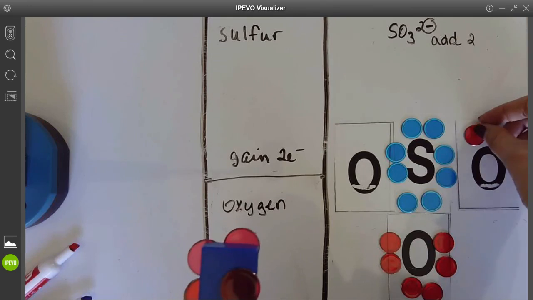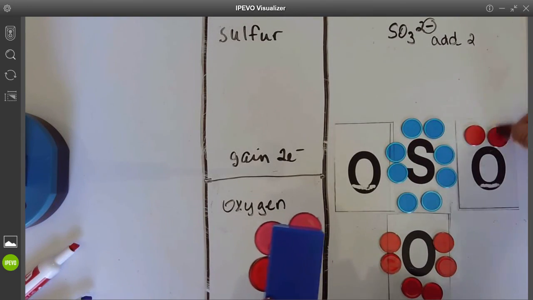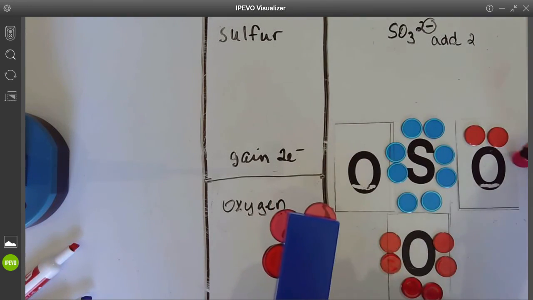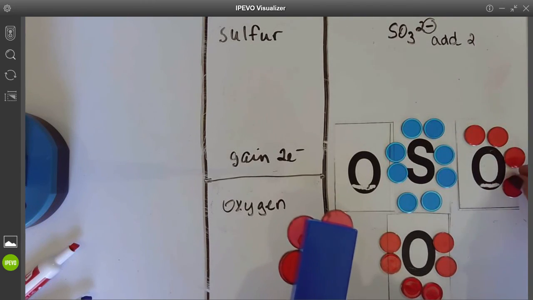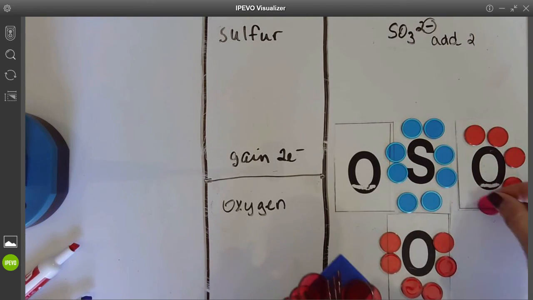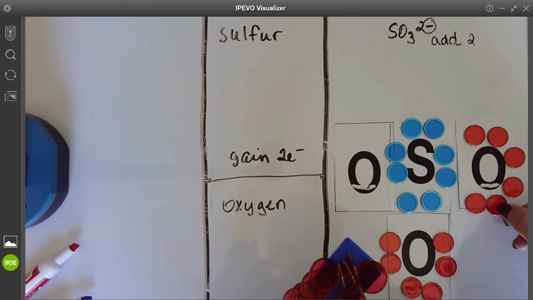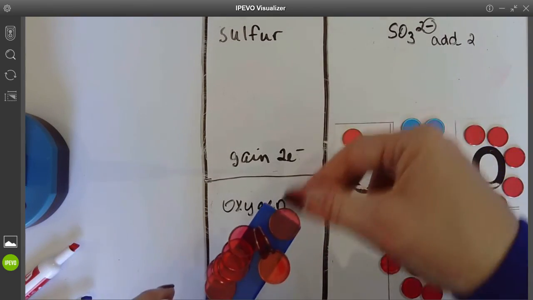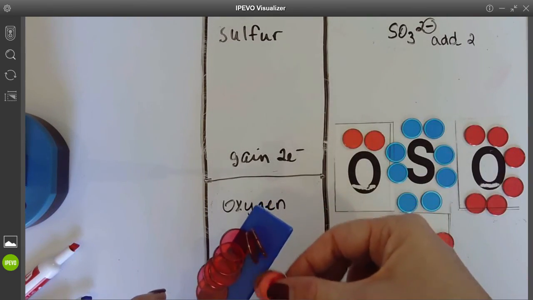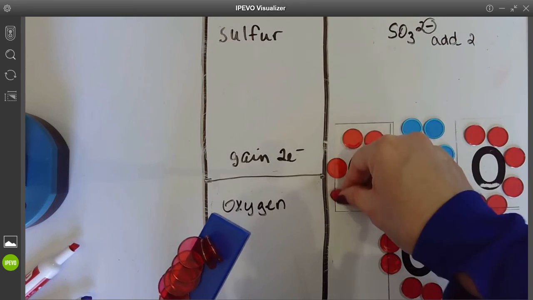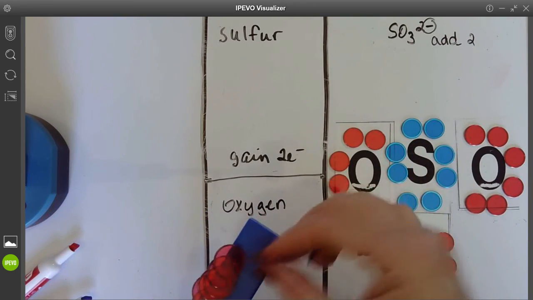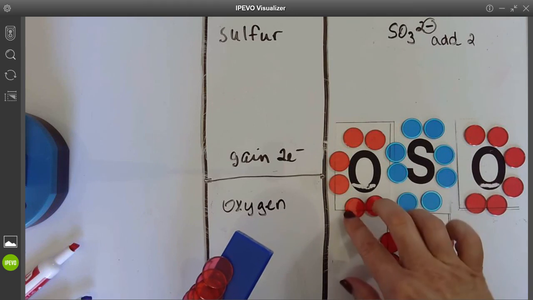So again, these oxygens are going to use the valence electrons they already have as lone pairs. So 2, 4, and here's number 5 and number 6.